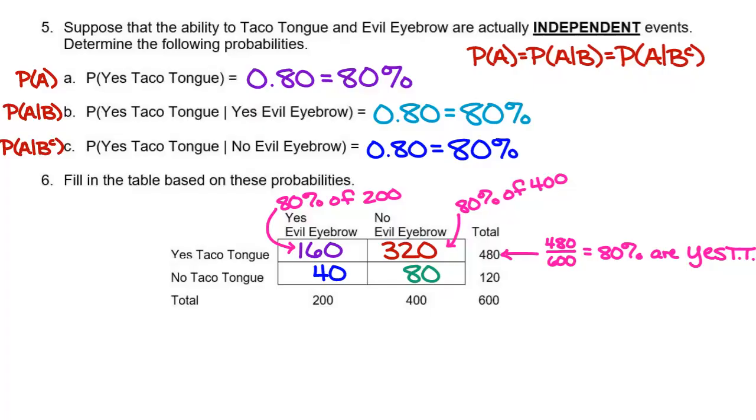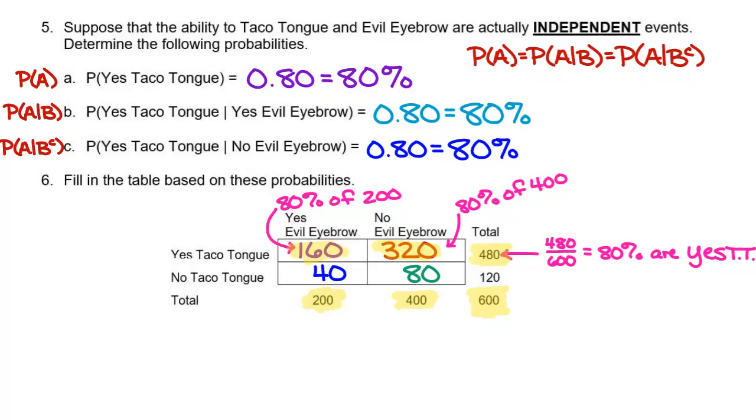If I want to know if two events are independent, I can calculate this probability right here and compare it to this conditional probability and compare that to this conditional probability.